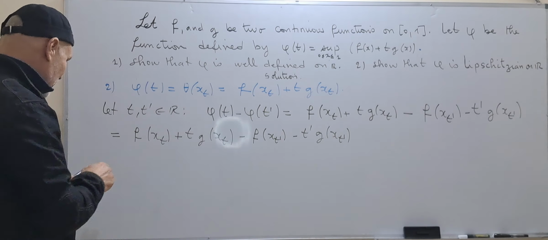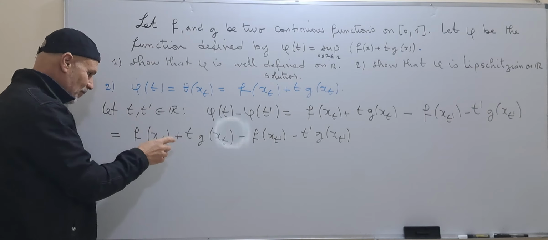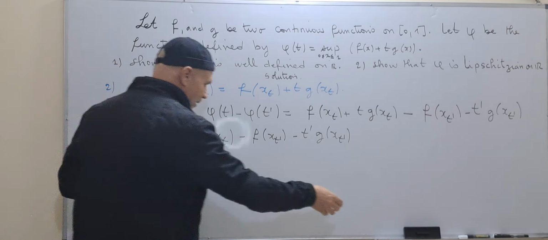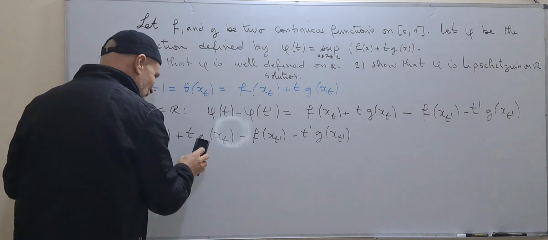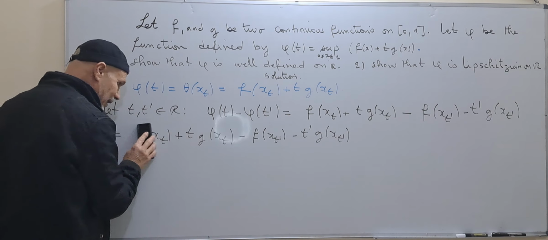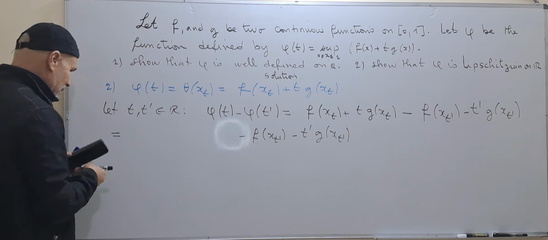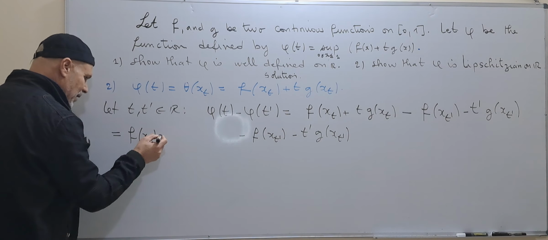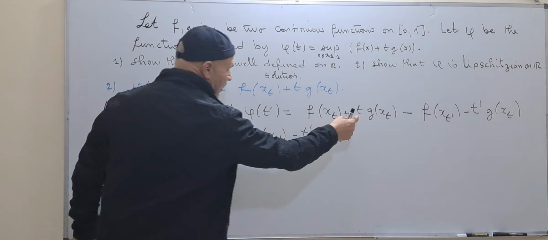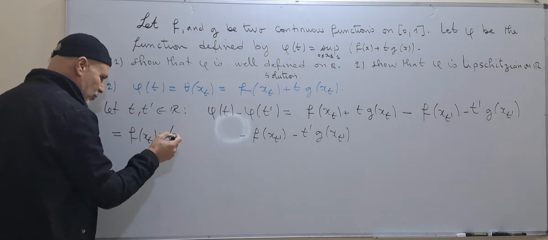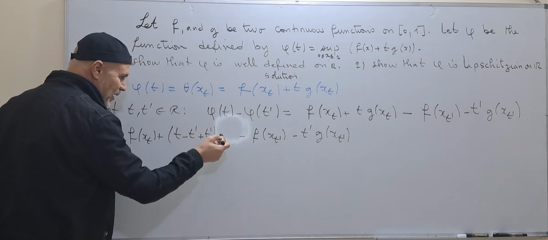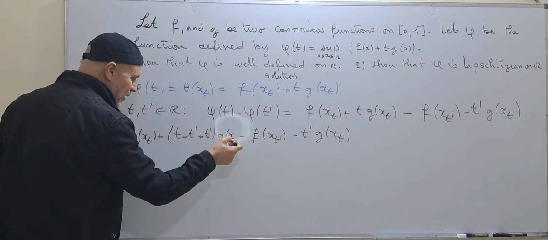The same formula. Here, this t, I will write it like this. So this t here, I will write it like this. We have here, once again, f of x_t plus this t, I mean this t, is equal to t minus t prime plus t prime, g of x_t.